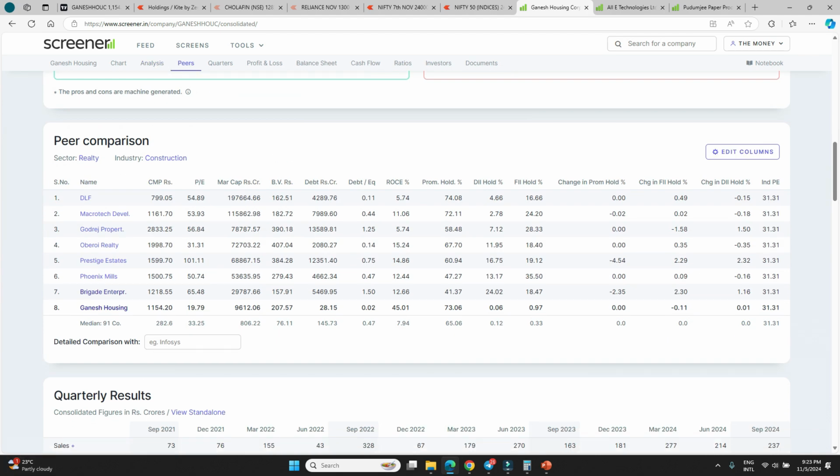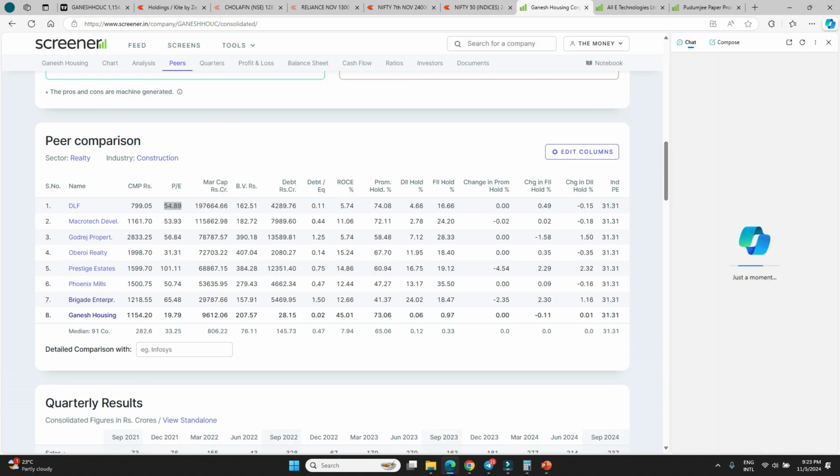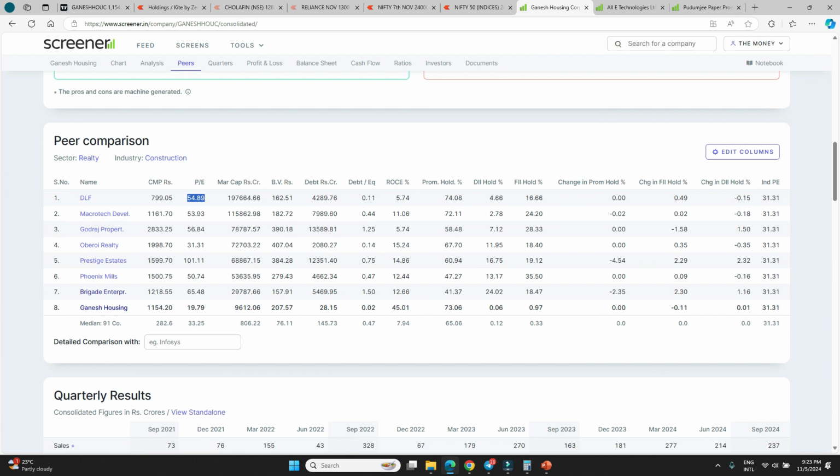Okay, then the PE comparison. If we see all the stocks, right, this one is trading around 40% expensive. This is also around 40%. This is trading on par with the industry PE. Prestige is trading at an expensive valuation.